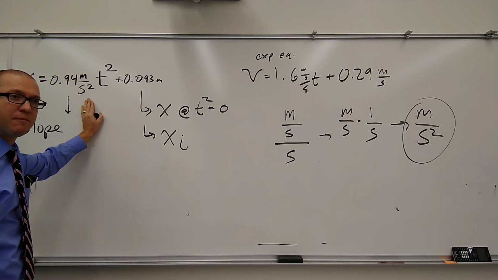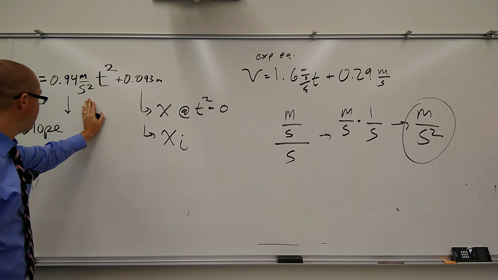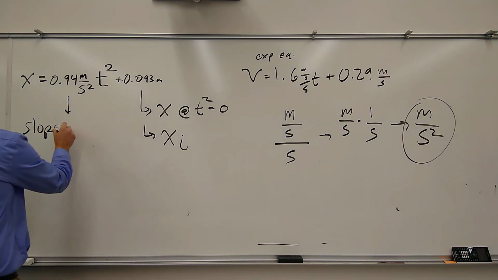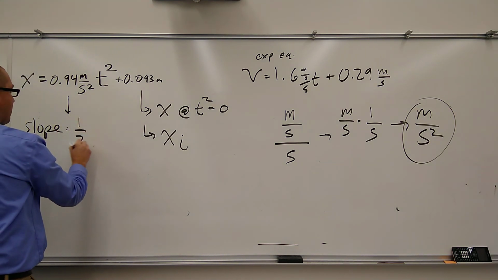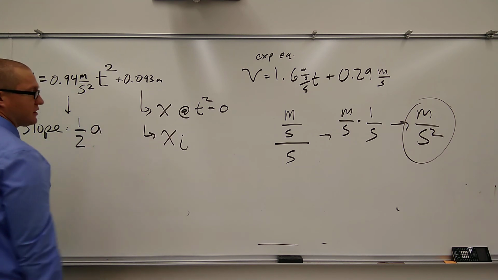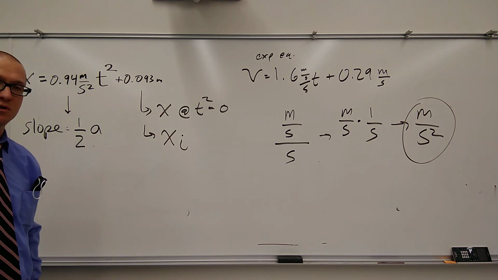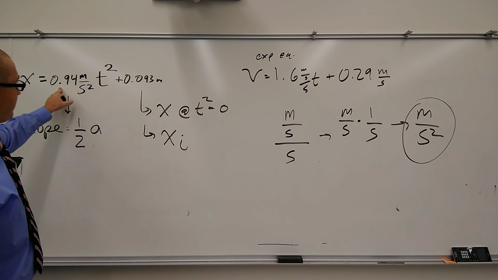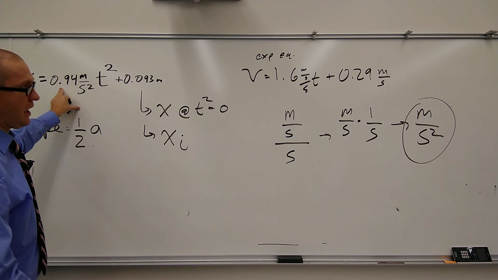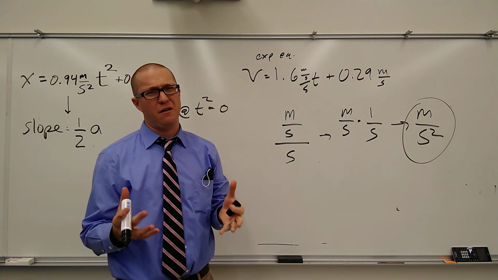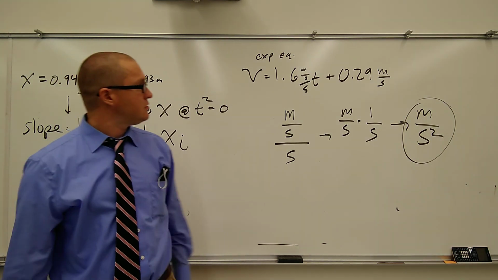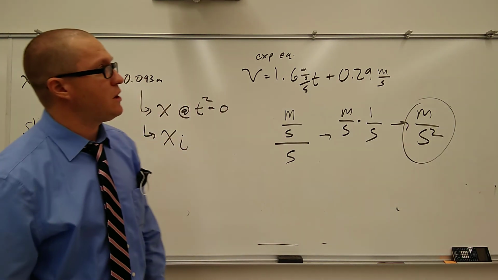This should actually be about 1/2 of the acceleration. So it ends up being about 1/2 of the car's acceleration, the slope of the position versus time graph. You know, that'd be 1.8, 1.9. This is 1.6. That's quite a bit off, right?